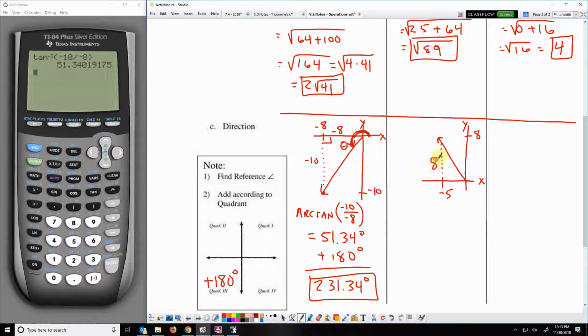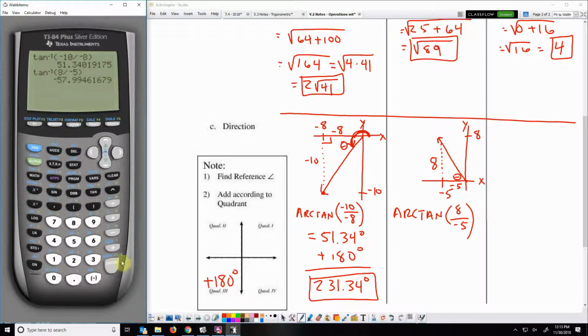So I've got 8 here, -5 here, and I need to know that reference angle. So I've got opposite and adjacent, so I'm going to do arctangent again to find the angle measure. Arctangent, opposite over adjacent, which is y over x. So second tangent, 8 over -5.